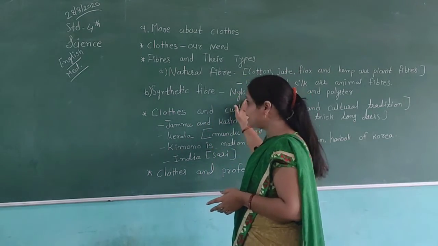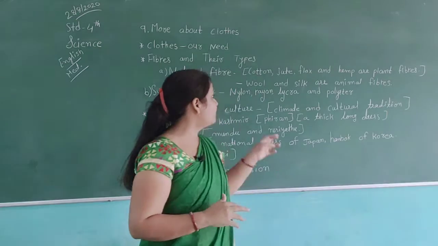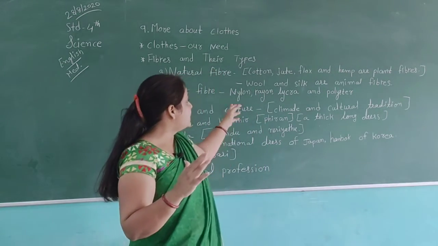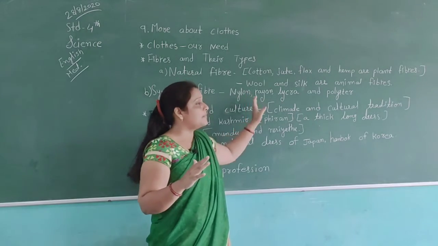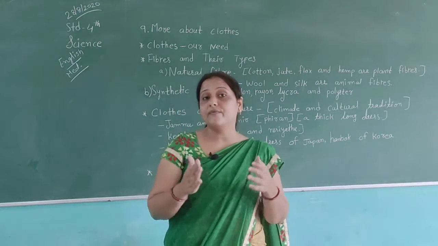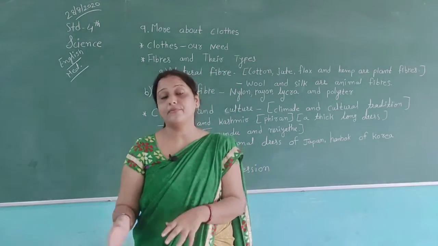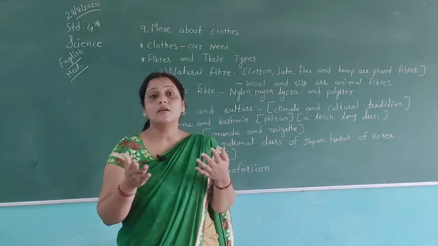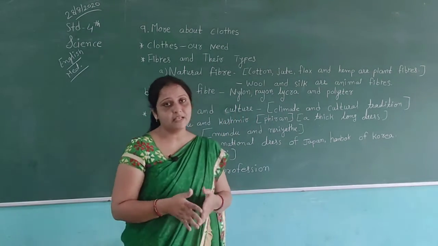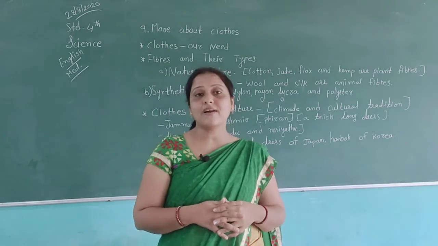For example, nylon, rayon, lycra, and polyester. These types of fibers are called synthetic fibers, which are man-made, not obtained from plants and animals.